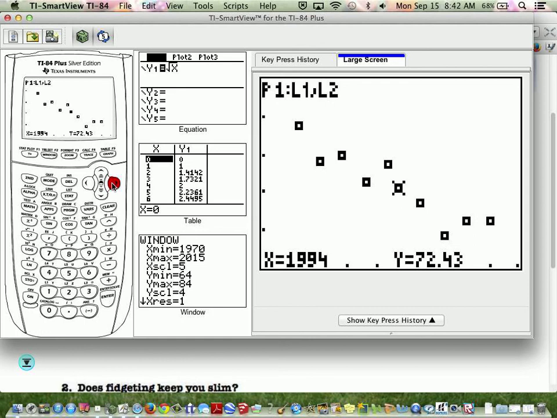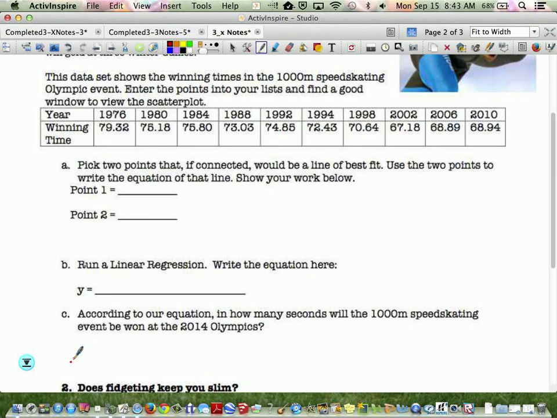So what we could do is probably pick the first one and see how there are 3 of them at the bottom. I'm just going to pick the one in the middle. So let's write this one down. Let's use that one, 1976, 79.32.